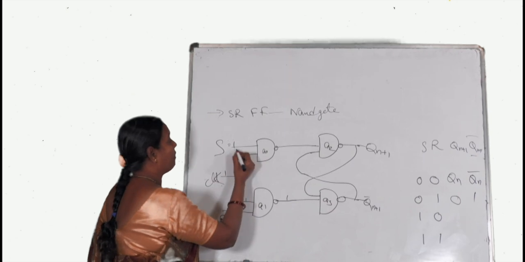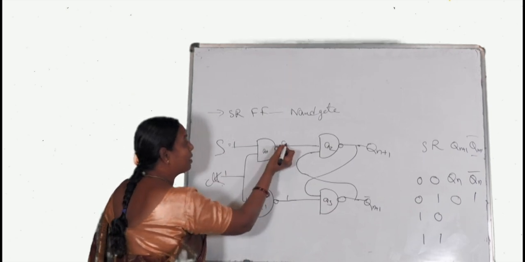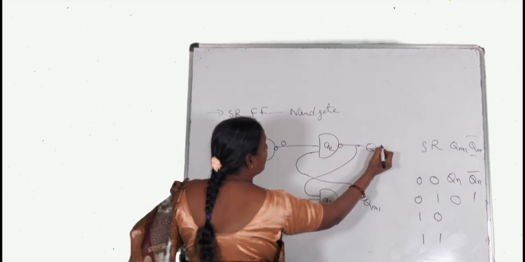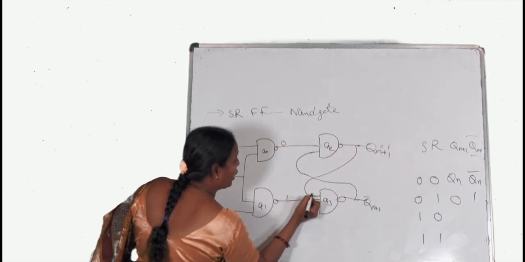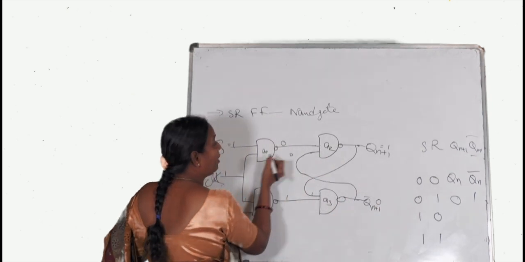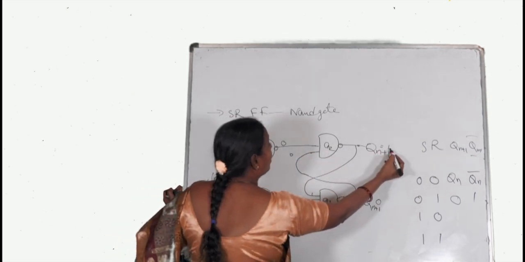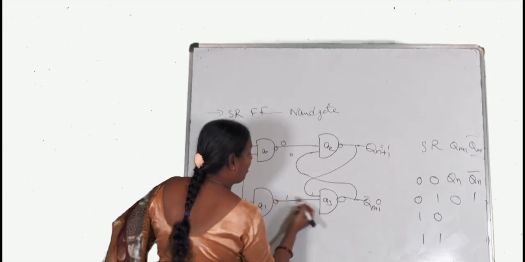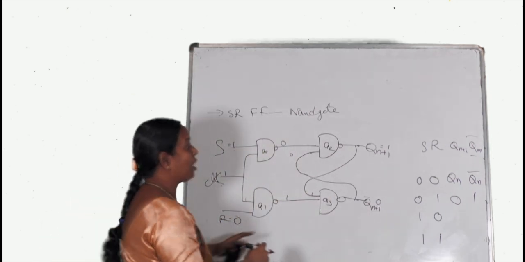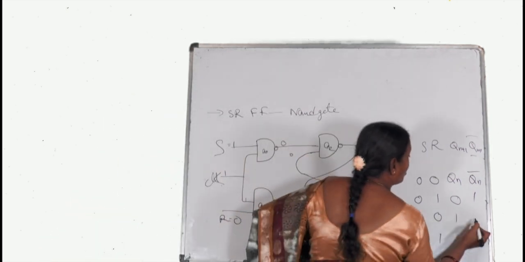And again 1, 1 output is 0. As this one is 0, the output of this NAND gate is 1. This one we give again here. 1, 1 means 0, and this 0 comes here again. So for the 0, 0 combination, 1, 0; for 1, 1 the output will be 0. So for the 1, 0 combination, the output will be 1, 0.